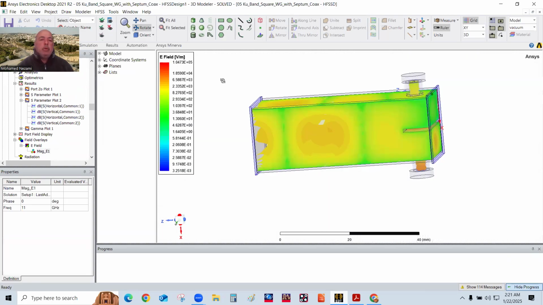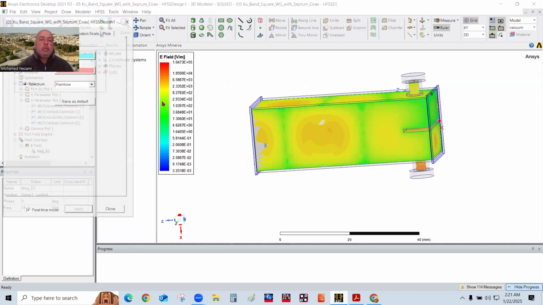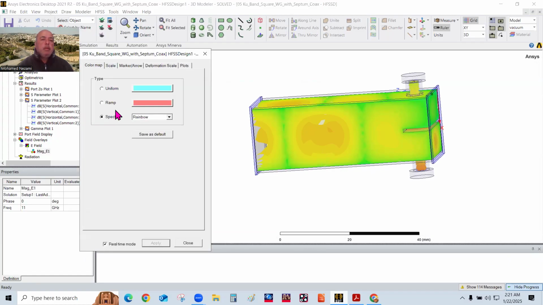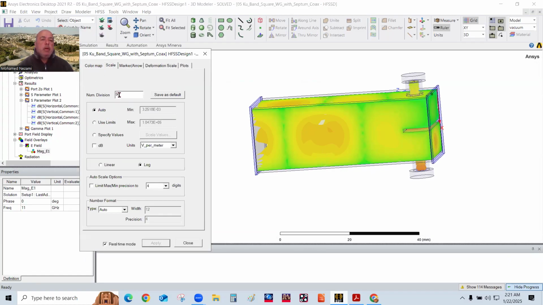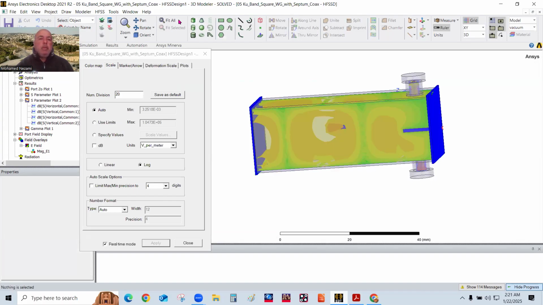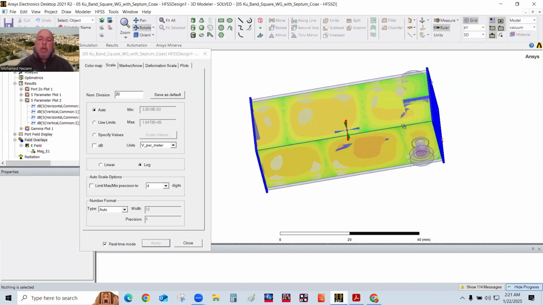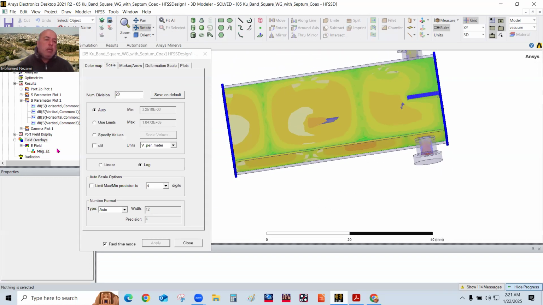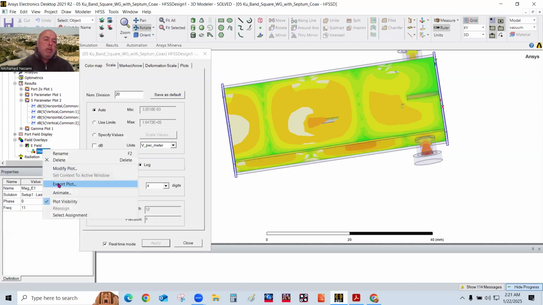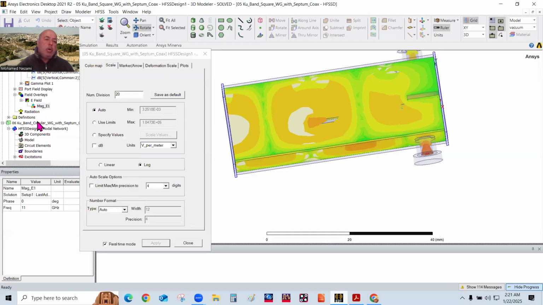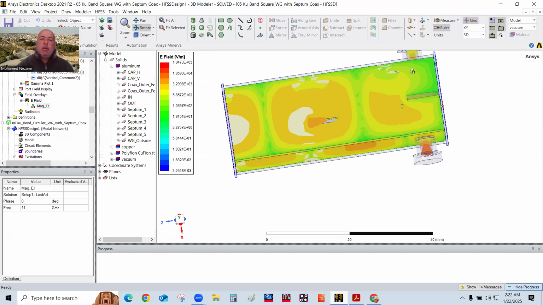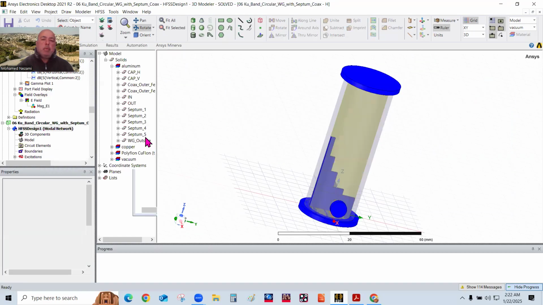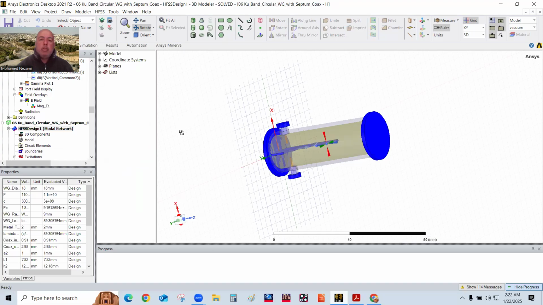Let me reduce the scale so we can see it better. Okay, so what we have is the probes picking up the signals in here. Let me go to the circular one so we can show that better. Okay, here's the circular one.